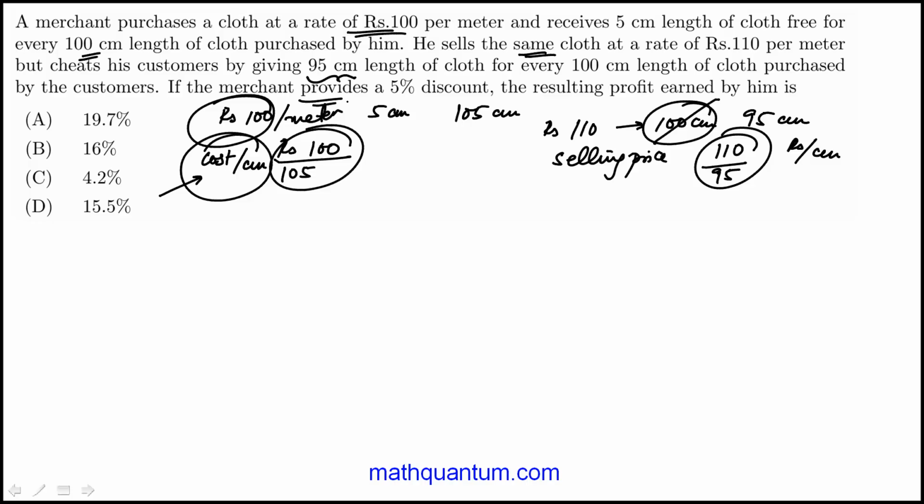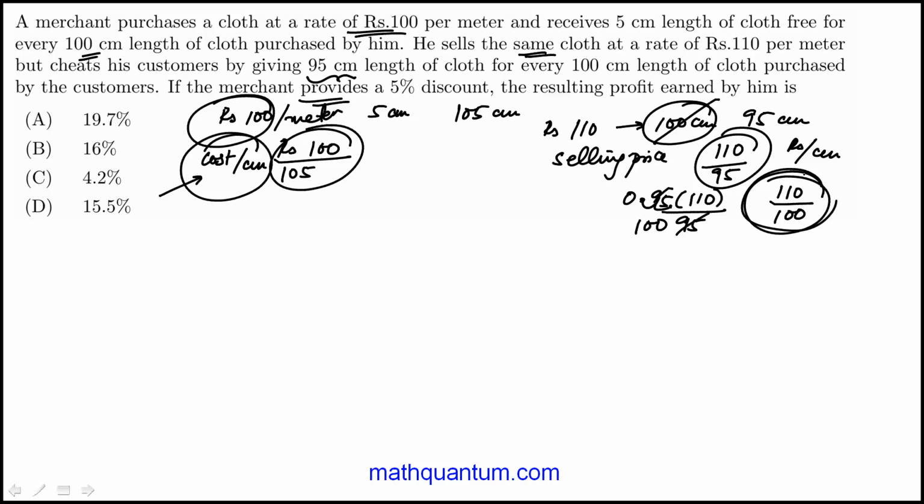Now, the merchant also provides a 5% discount. That means the final selling price would be 0.95 times that. And you'll see that this 95 will drop out. So it's really 110 over 100. And the question is, what's the resulting profit?